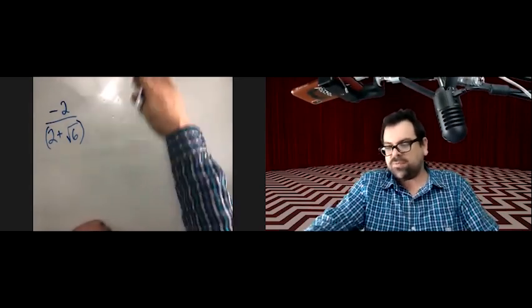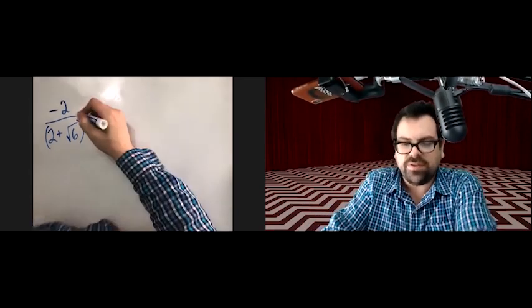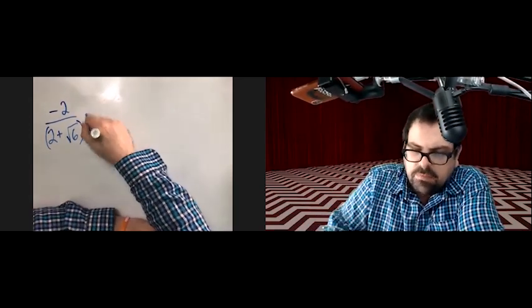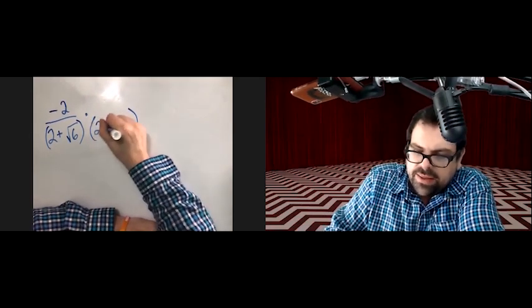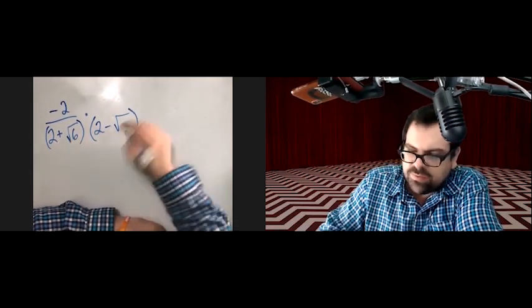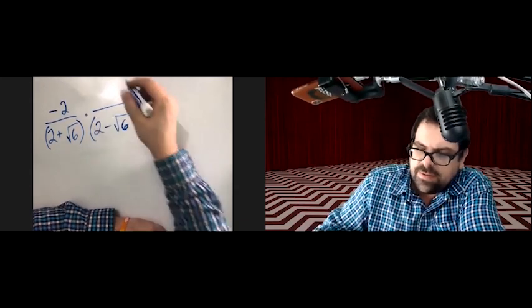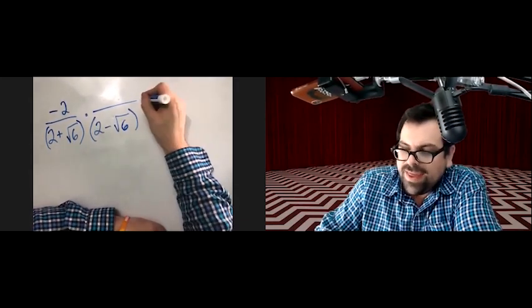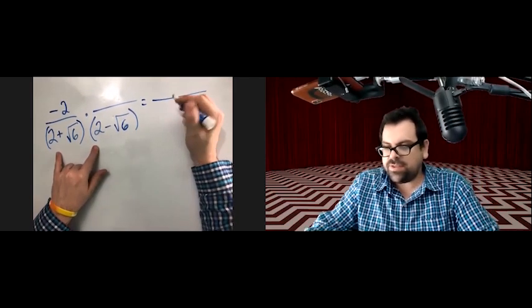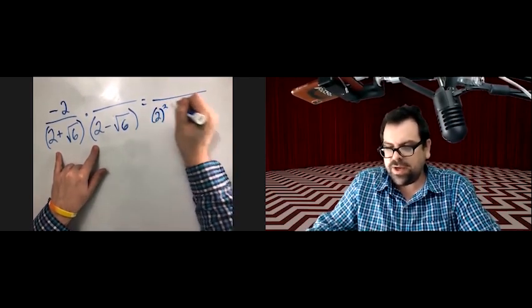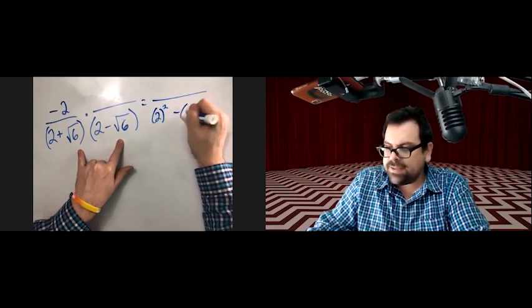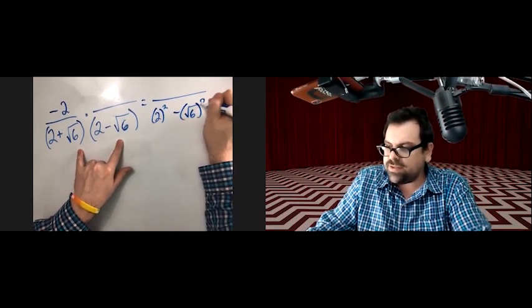Squaring isn't going to do it. Well, that's why we discovered the fact that multiplying by the conjugate, if we have a plus radical 6, if we make that minus radical 6, that is a difference of squares. 2 squared minus radical 6 squared.